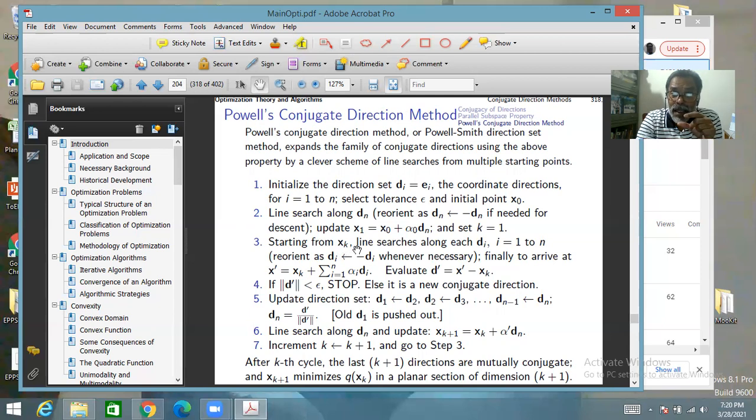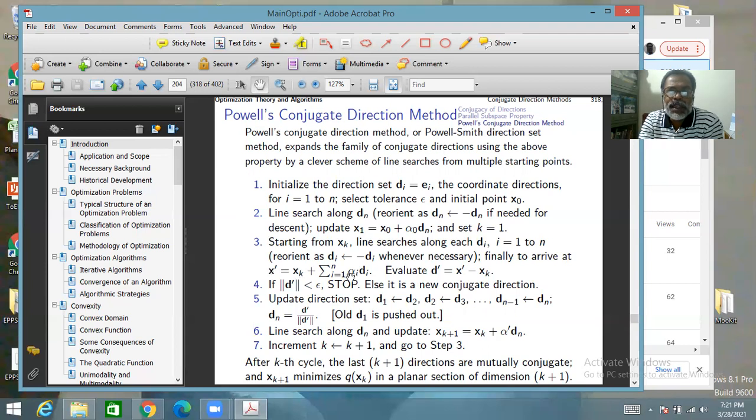In a series, you conduct n line searches along d1, d2, d3, d4 up to dn. So at the end, starting from xk, you have conducted n line searches, and put the final result at x prime. Now you see, x prime has been reached through several line searches.